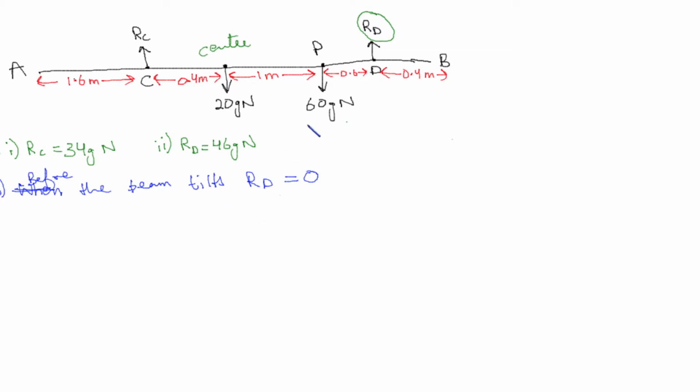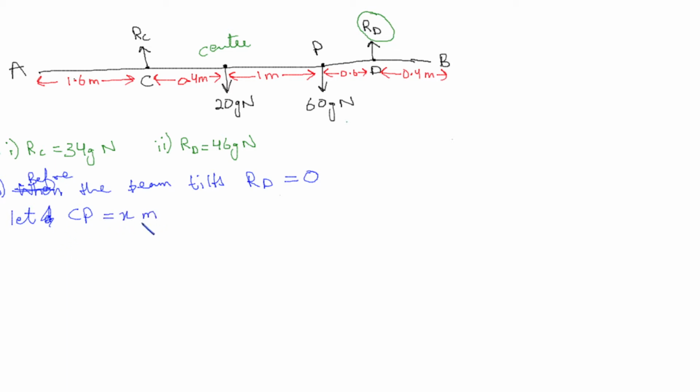We will be solving this again using moments, and I'm going to be taking moments about C, so I need to know the distance from P to C, which I don't know, so I'm going to label that as X. Let CP or PC equal X meters.